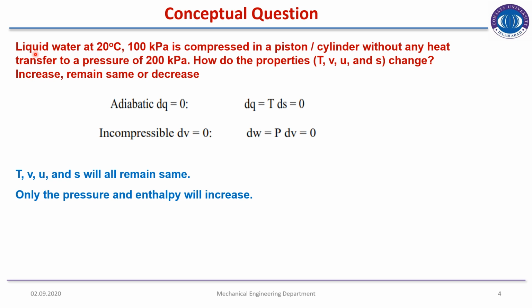So because liquid water is an incompressible fluid, so in the current lecture as well we have found out the relation for incompressible substance. So when we were discussing that topic, we have assumed that dp and dv are both equal to 0.